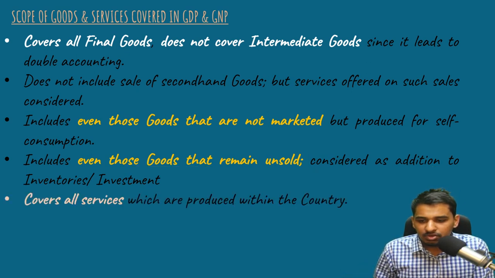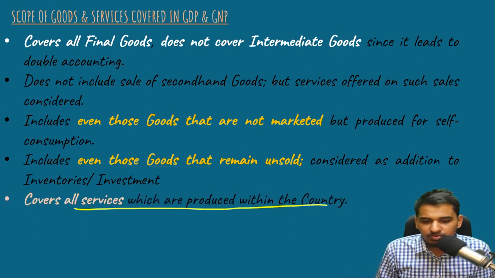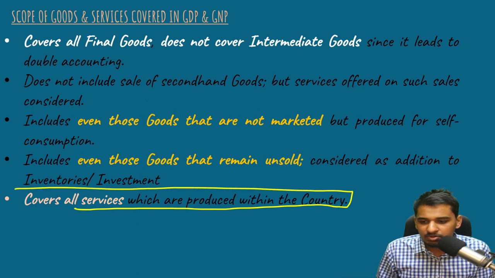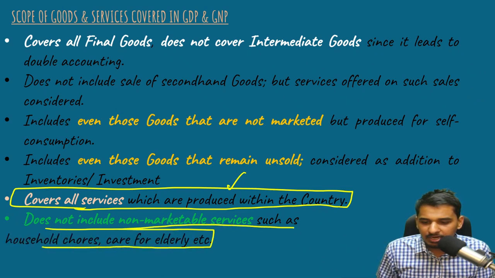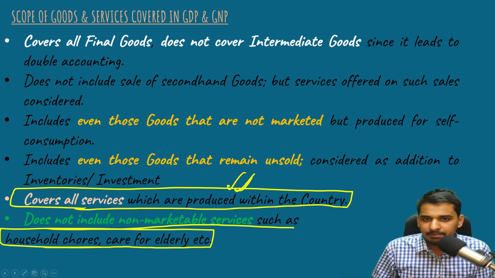It covers all the services which are produced within the country. Any service which is produced in the country will be included. And as I was saying, it does not include non-marketable services such as household chores or care for elderly. But it will cover all the services which are produced, any kind of services, be it doctors, engineers, architects, teachers, etc. All the services will be included.